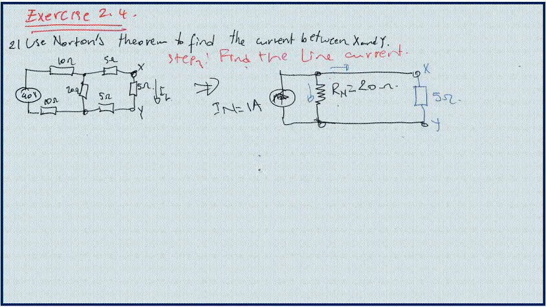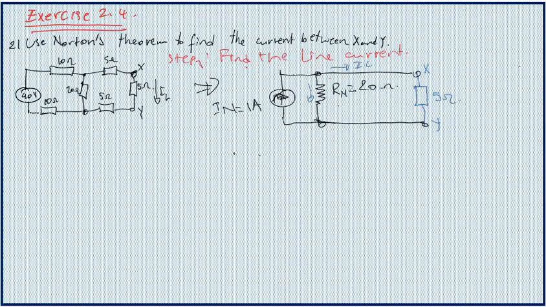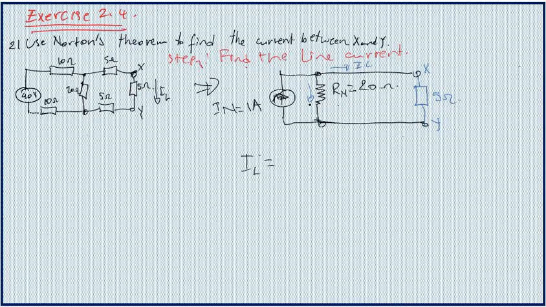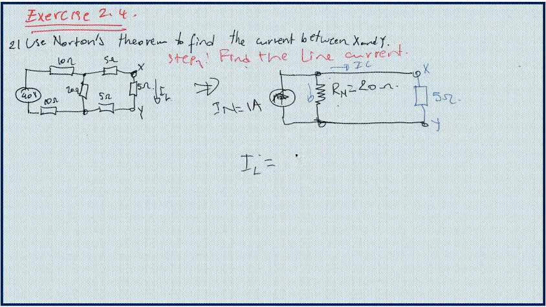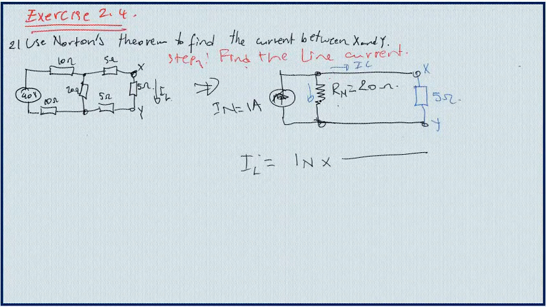So I'm going to use the current division to find, I'm going to call it IL, which means the line current. IL is equal to the supply current, which is the Norton current IN, multiplied by the two resistors.